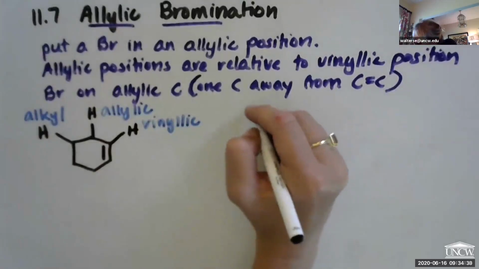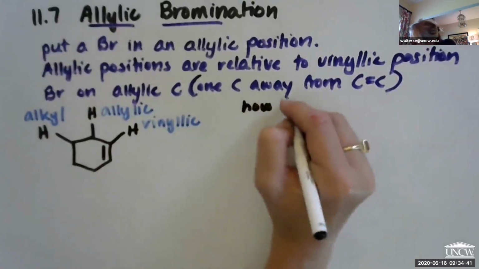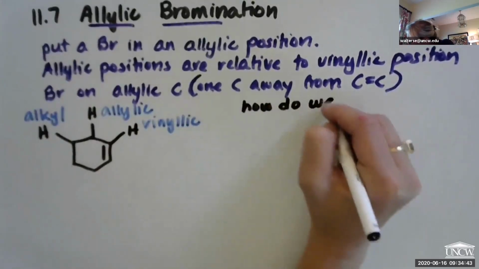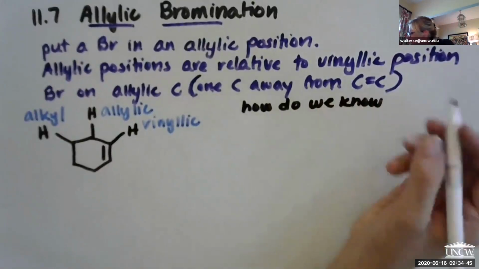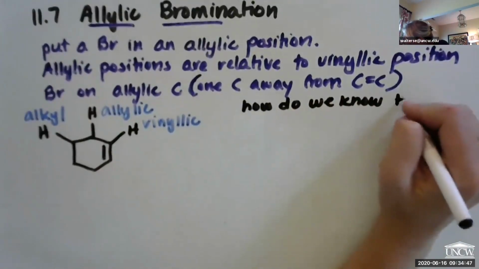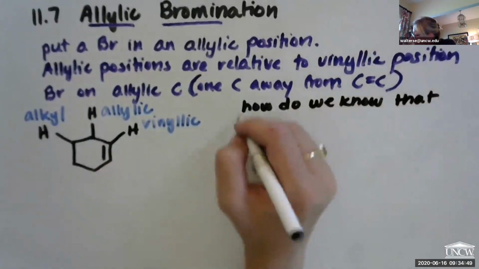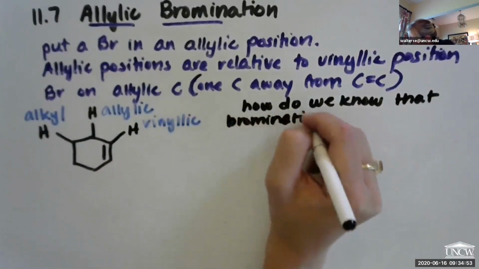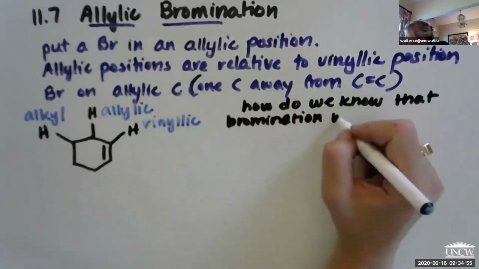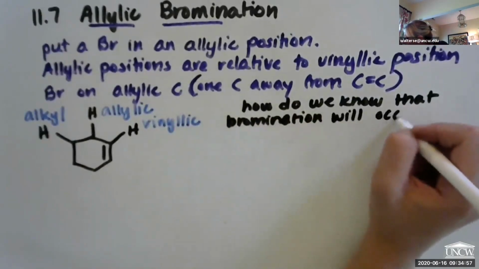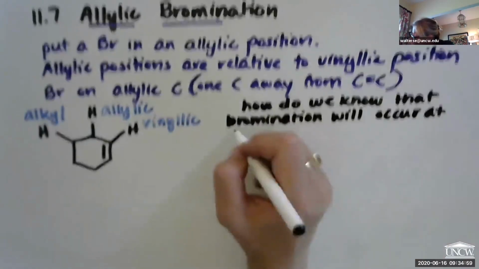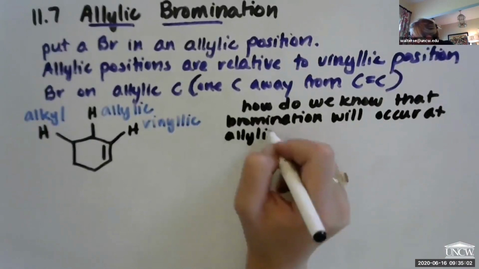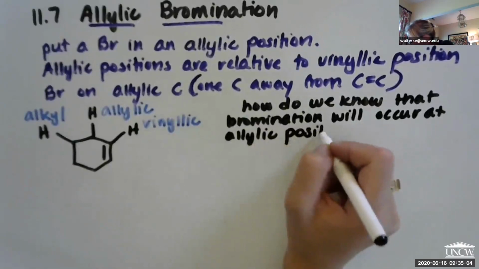So if we look at the question, how do we know, or what is the evidence that bromination will occur at an allylic position? Okay.